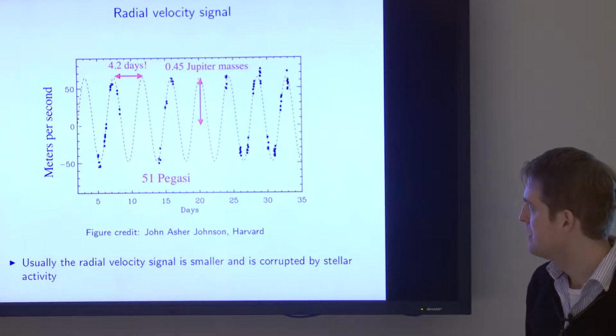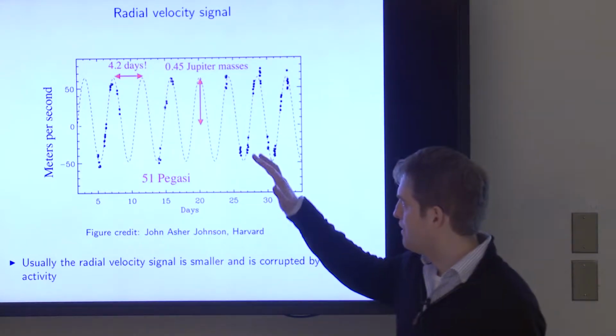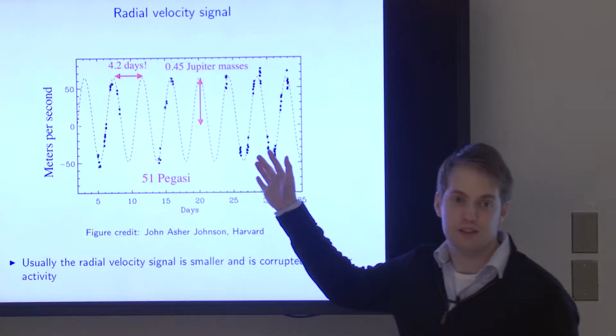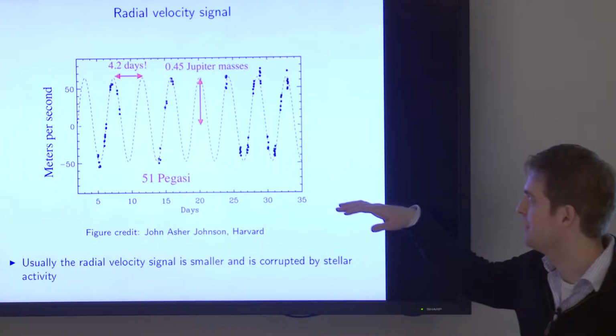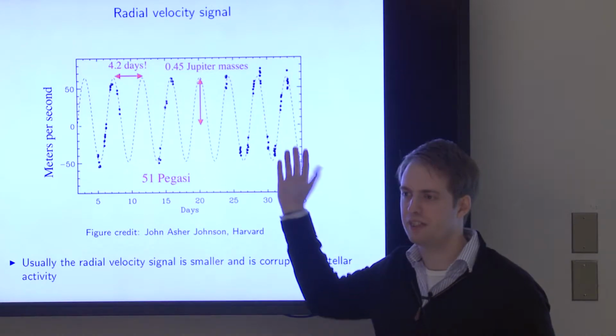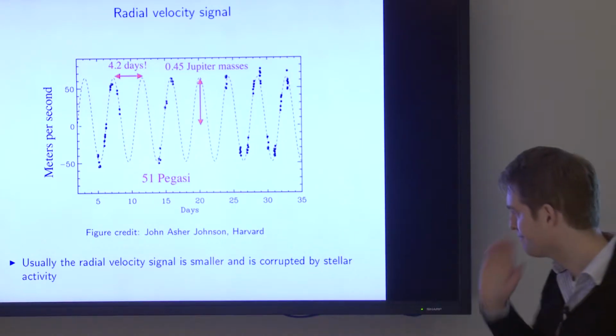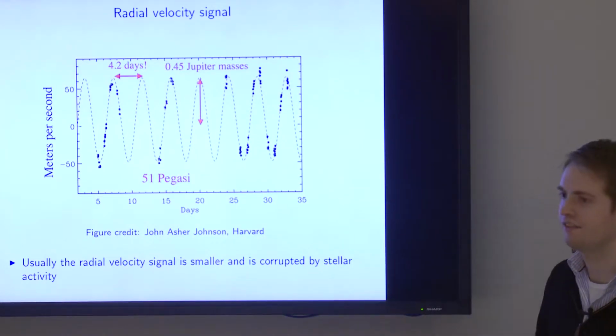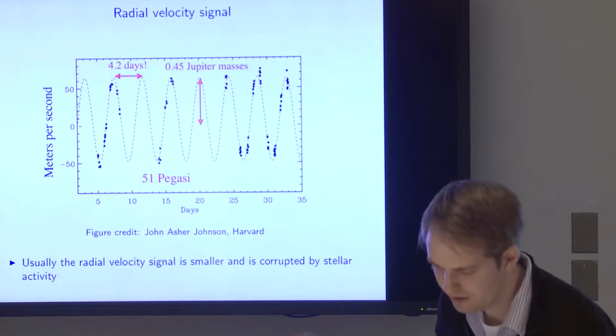For many planets, the signal is going to be smaller. And there's also going to be other things mixed in with this that make it more noisy. That's the stellar activity that's going to make this harder.